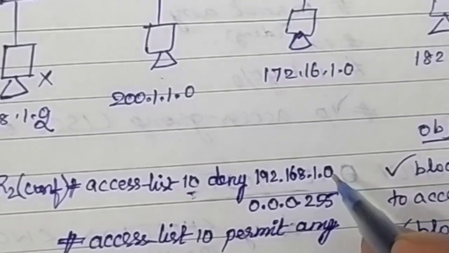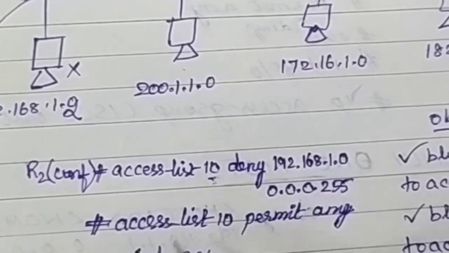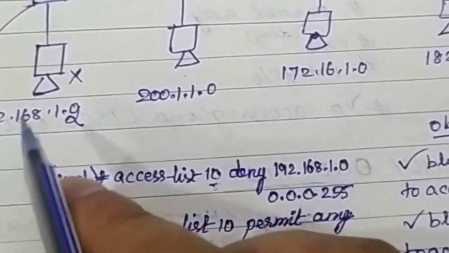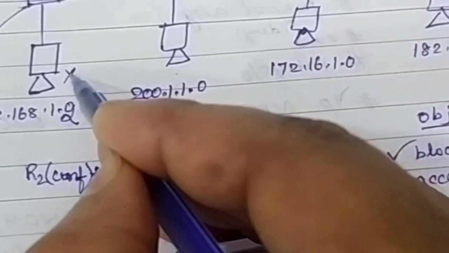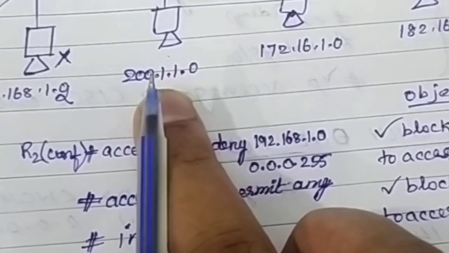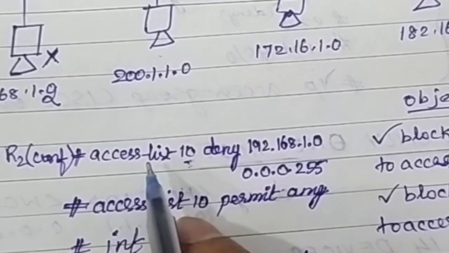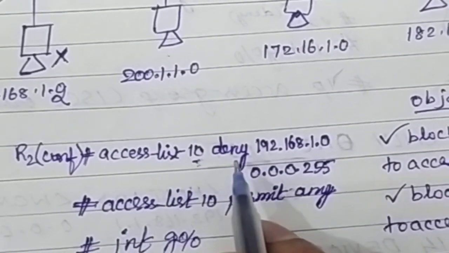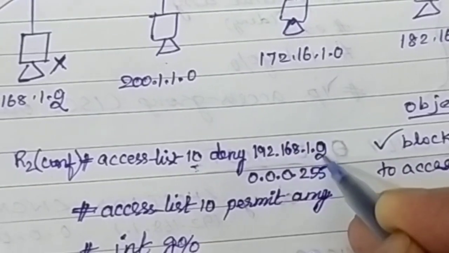Then what do I need to change in this command? Previously we blocked the entire network. Now we are going to block only one particular device, and I am allowing the first device. I don't want to allow this device to access this network. Then what I need to do here is access-list 10 deny. Here you need to give that particular host ID.